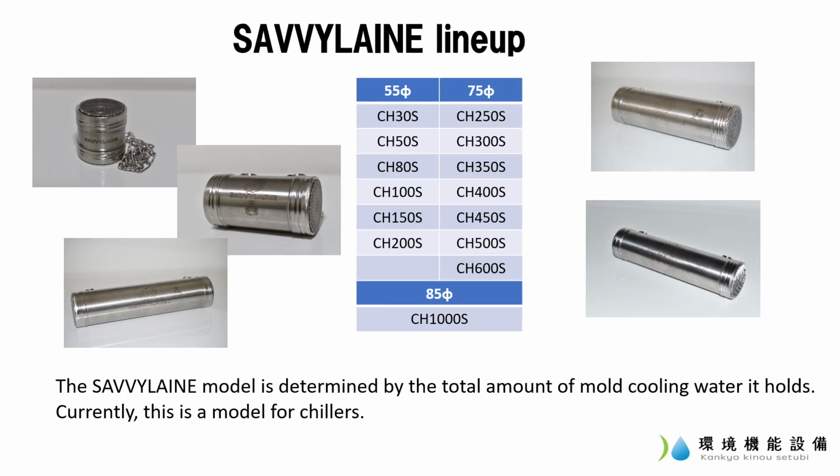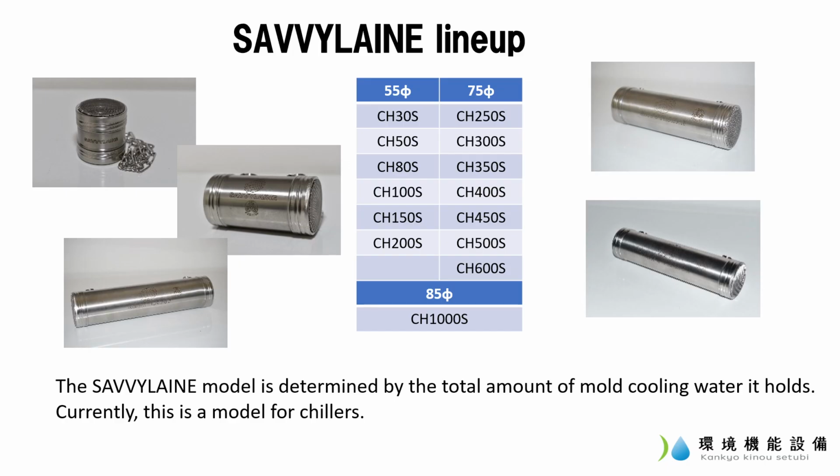SAVVY-LAINE selects a model based on the total amount of mold cooling water it holds. The amount of water held by a chiller varies depending on factors such as output and the distance to the molding machine, so we have detailed model settings. First, add the chiller tank capacity plus the amount of water held by the piping, mold, and molding machine, and then select the model with the next highest setting, then the total amount.